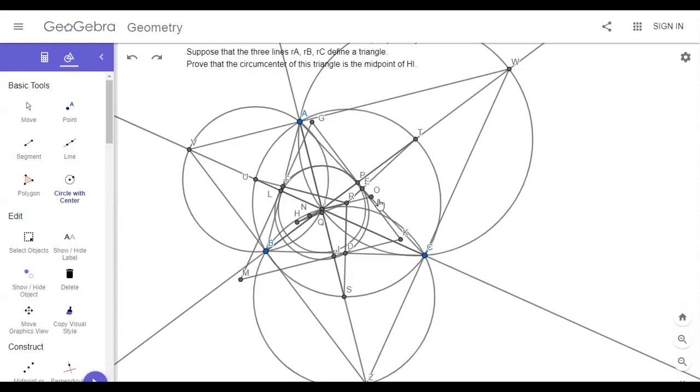I'm trying to think. Oh, because I is the orthocenter of WZV, right? And H is the orthocenter of ABC. But ABC isn't similar to the other triangles, right? No. But do you still see a proof?